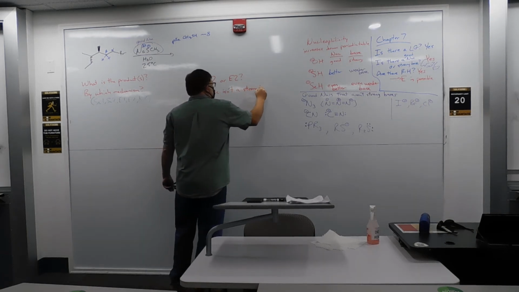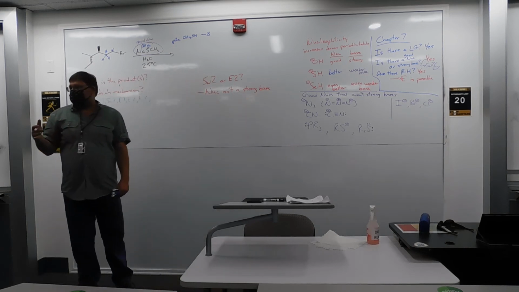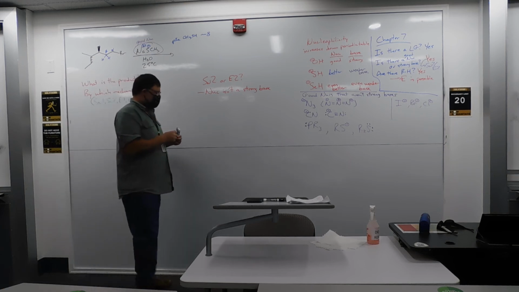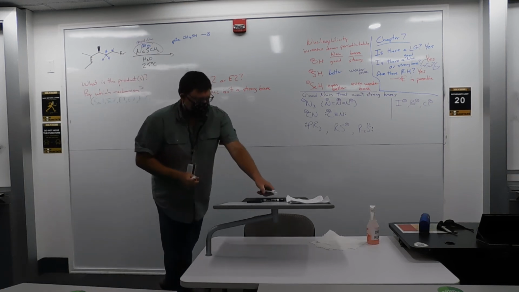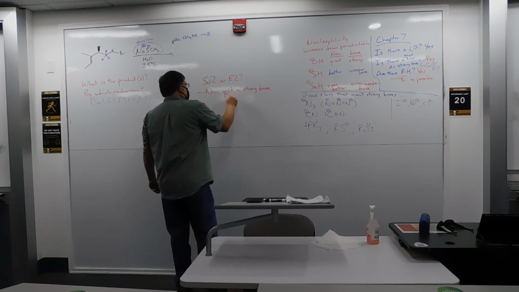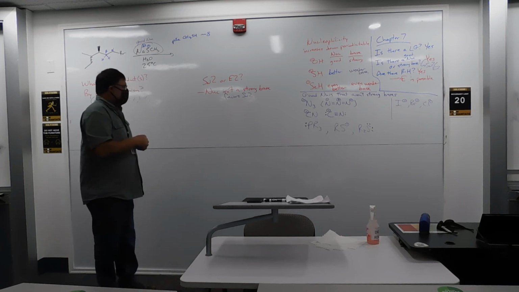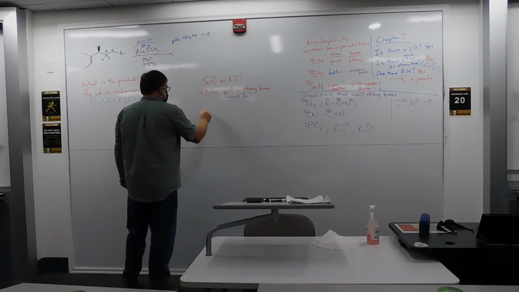E2 is driven by a proton transfer, so you need a strong Bronsted base. Here we don't really have one, so this favors SN2.